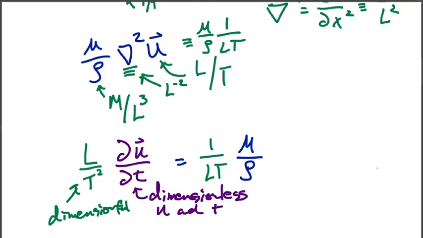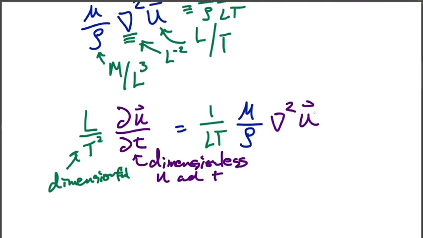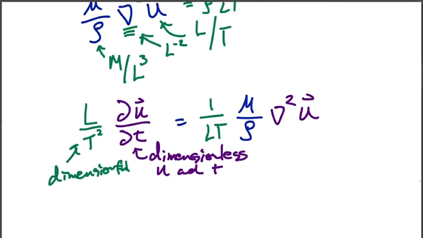I'm going to write the dimensionless form in purple, so let's write that as del squared u vector. Okay. So here we are. We've got our dimensions in green pulled out in front of each of our terms, we've got our dimensionless bits, and we've got our unknown dimensional quantity here.